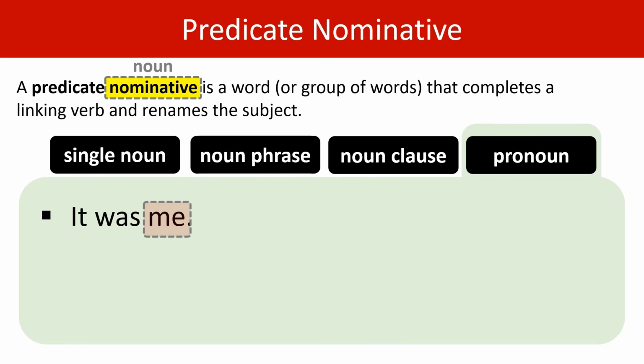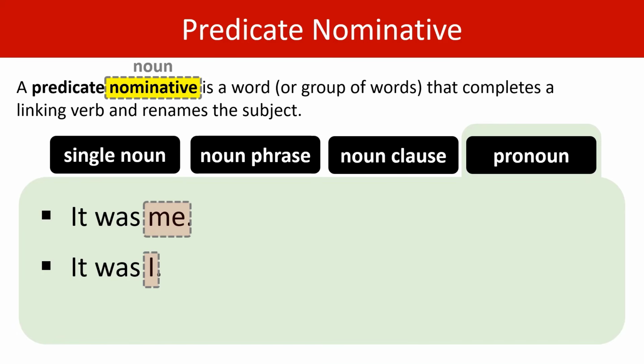Now, something I have to say is that some people would prefer this sentence. It was I. And that's because a predicate nominative should be in the nominative case, which is the same as the subjective case. And this is the argument for saying it was I instead of it was me. However, it was me is now far more common than it was I, and we have to accept that languages change, and so therefore it was me has become acceptable.